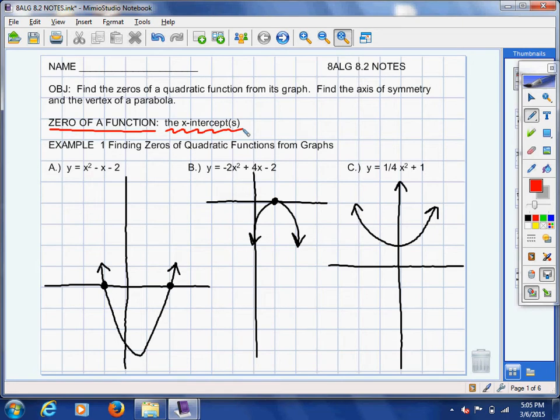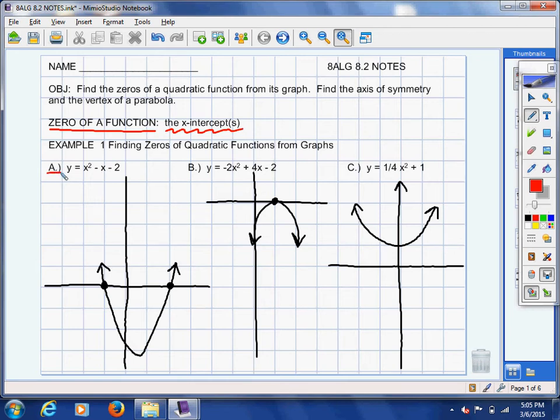That's your x-intercept. That's a little bit of the rationale behind it. So if you see the words, find the zero of the function, all they're asking you to find is what in the world are the x-intercepts, okay? They're really simple from a graph. As long as they cross a grid intersection, you'll be able to accurately identify where they're located.